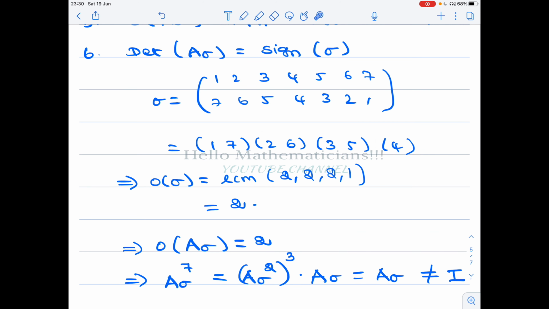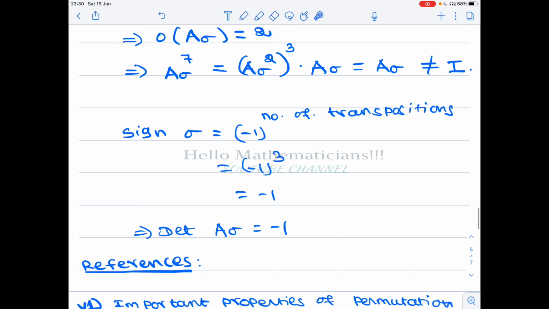Therefore, this is the formula for the sign of sigma: sign of sigma equals minus 1 power the number of transpositions. A transposition means a two-cycle.